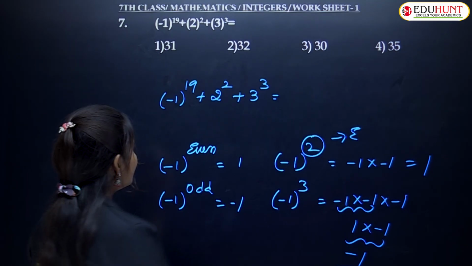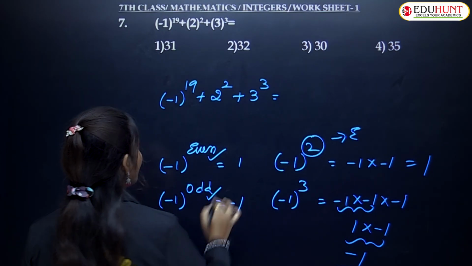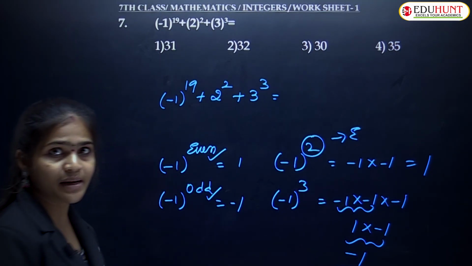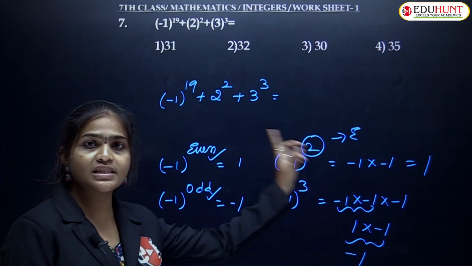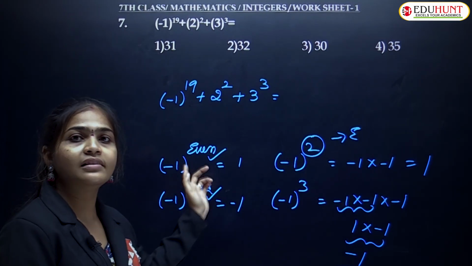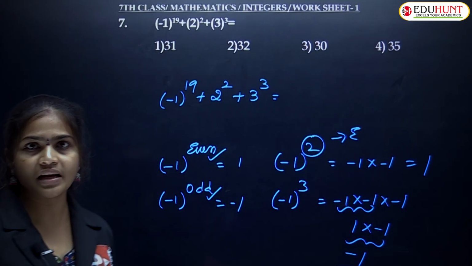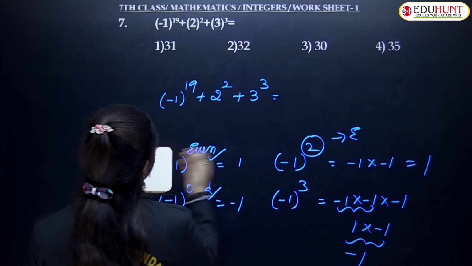So that's why here just you have to check the even number or odd number. If the power is even, then the value is positive. If the power is odd, then the value is negative. Understand? Apply that condition here.